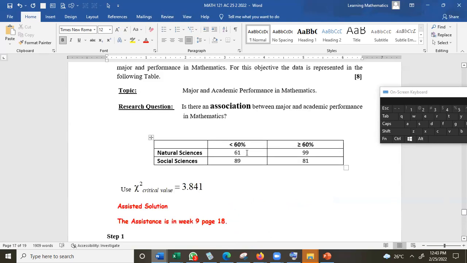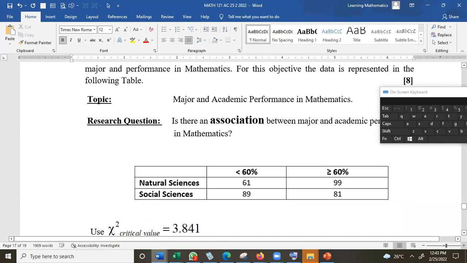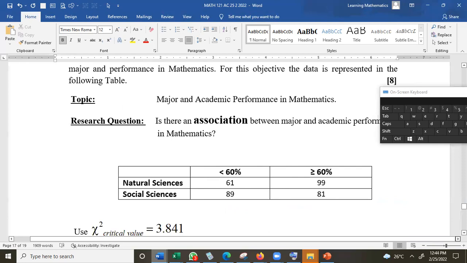So to test to see whether or not there was an association between score and major, a test was given to some students, natural sciences and social sciences. Those are majoring in natural sciences, those are majoring in social sciences. 61 of the natural sciences got below 60, whereas 89 got below 60. 99 of the natural sciences got more than 60, 81 got more than 60 for the social sciences. So that's what you observed.